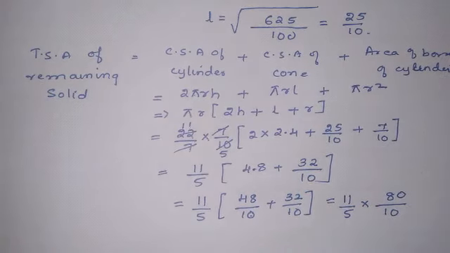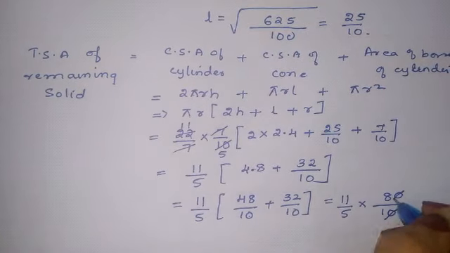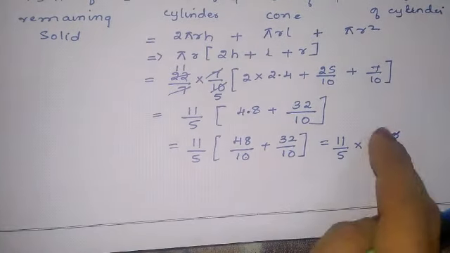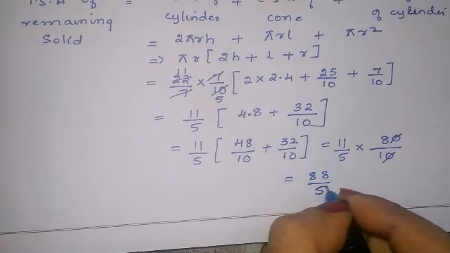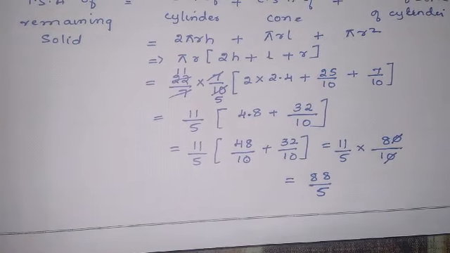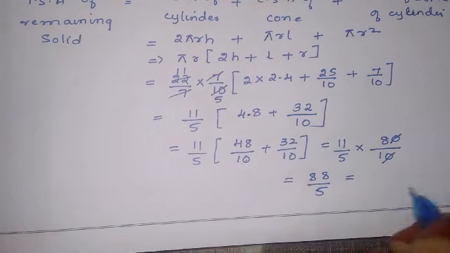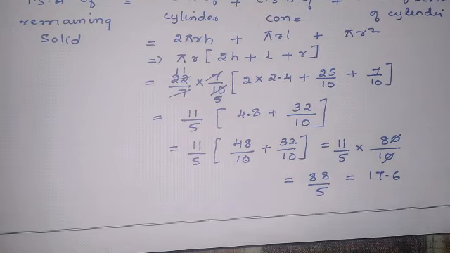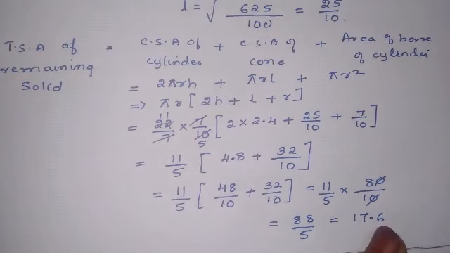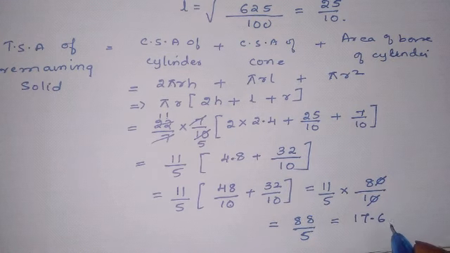Let us cancel this. 0 and 0 get cancelled. 11 8s are 88 by 5. If we divide 88 by 5, we are going to get 17.6. They have told in the question to the nearest centimeter square. Nearest means approximate.